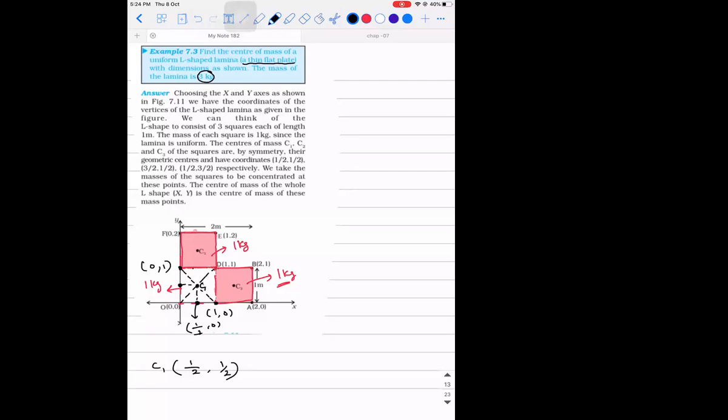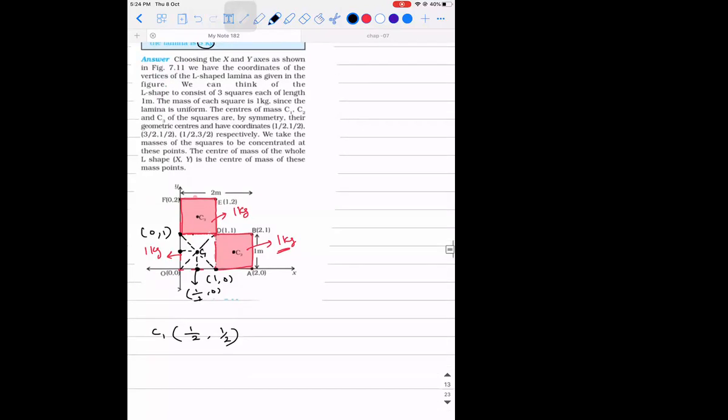right? Similarly, where will the center of mass of the second block be? That is, what will be the coordinates of point C2? 1.5, 0.5.